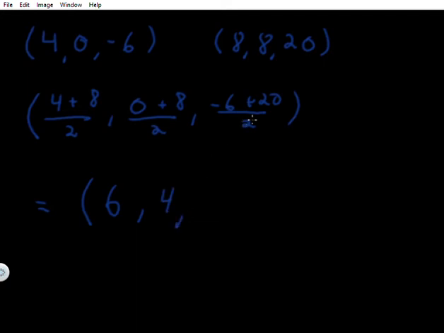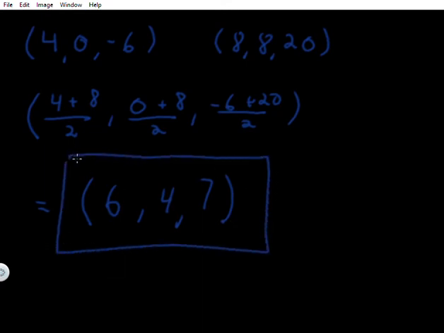And 20 minus 6 is a 14, over 2 is a 7. So this would be the midpoint between these 2 points. And you can verify this. Just go onto a graphing software and punch in these numbers. One that I like to use is GeoGebra. I'll link it in the description below.